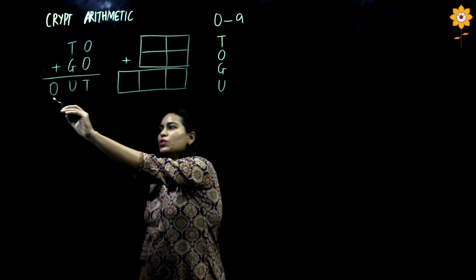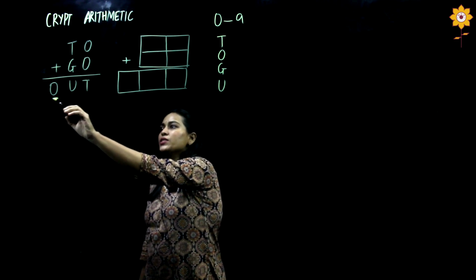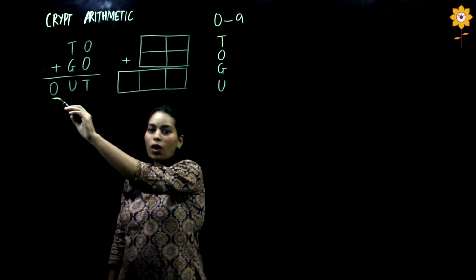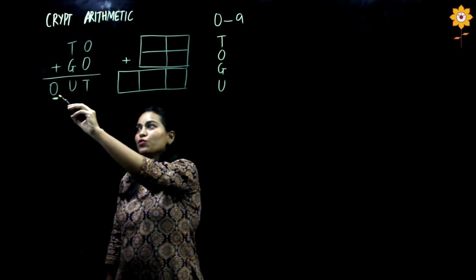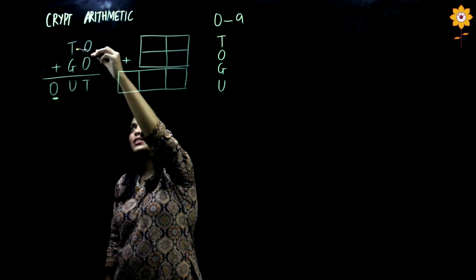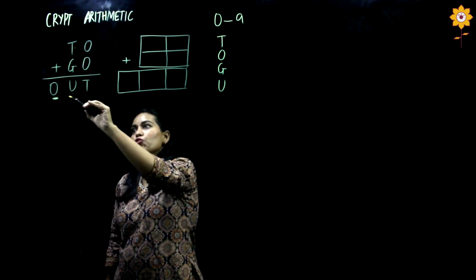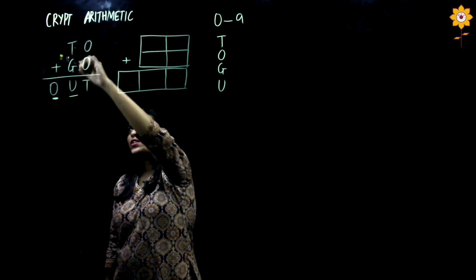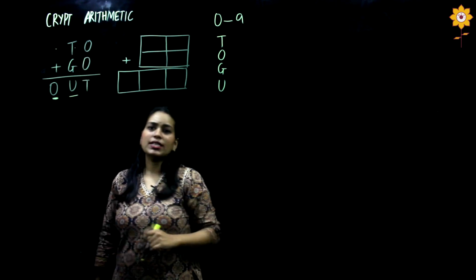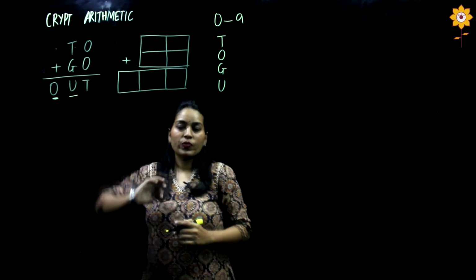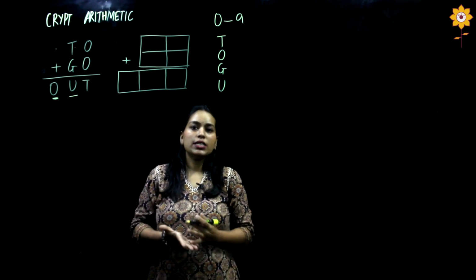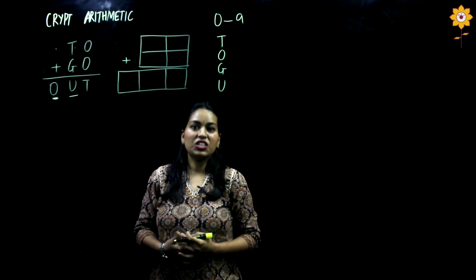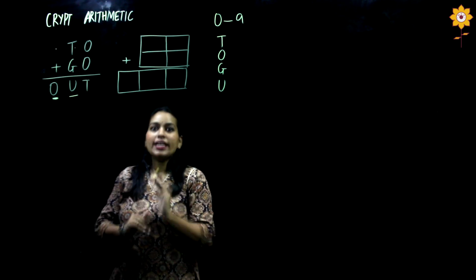Let's start by understanding what value will be assigned to alphabet O. If you observe closely, when you add the two elements above U, you get the value for U. But there are no alphabets present above O. So whatever the value of O is, it comes from a carry generated in the next column.